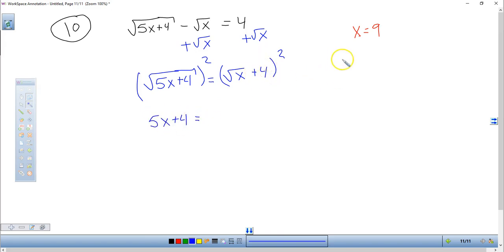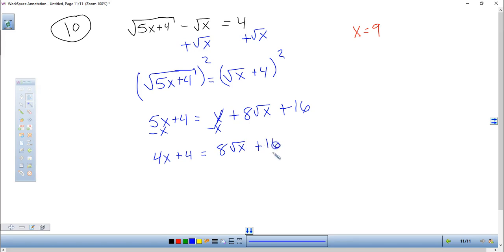Over here, if I FOIL it out, I get x plus 8 square root x plus 16. That's this multiplied by itself. Go ahead and try to get this radical by itself. Subtract x. So I get 4x plus 4 equal 8 square root x plus 16.